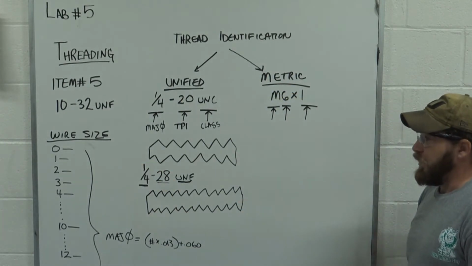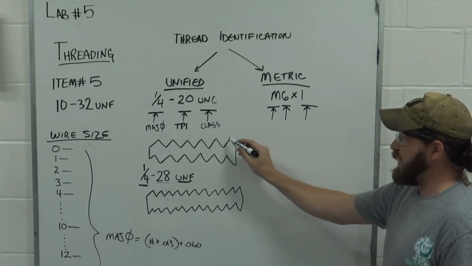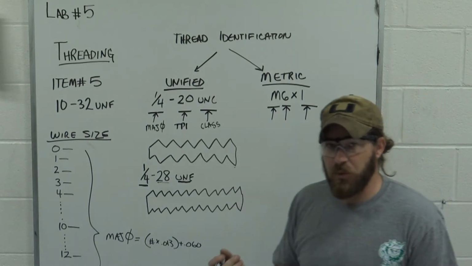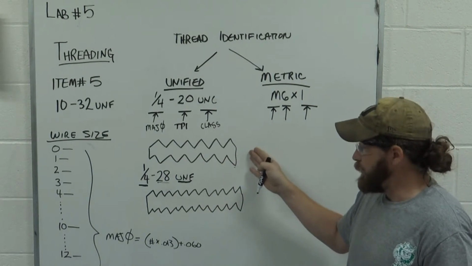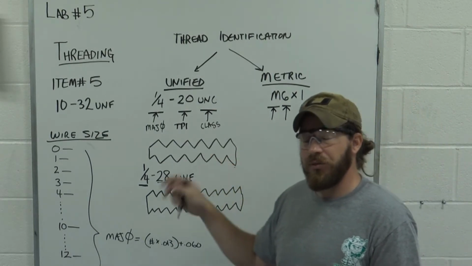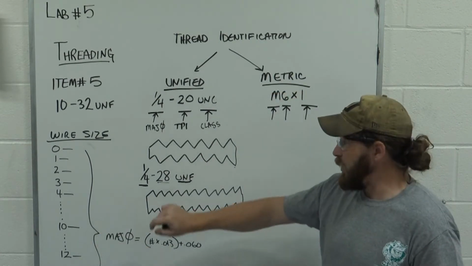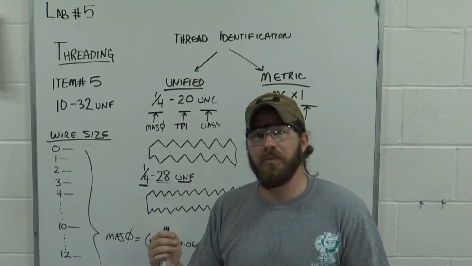So the two pieces of information we always need to know are, first, the outside diameter, which you can measure with calipers. Most of the time when you measure a thread, it will be slightly under the nominal value. We'd say it's a quarter inch, but it's always going to come in a little bit less than that.